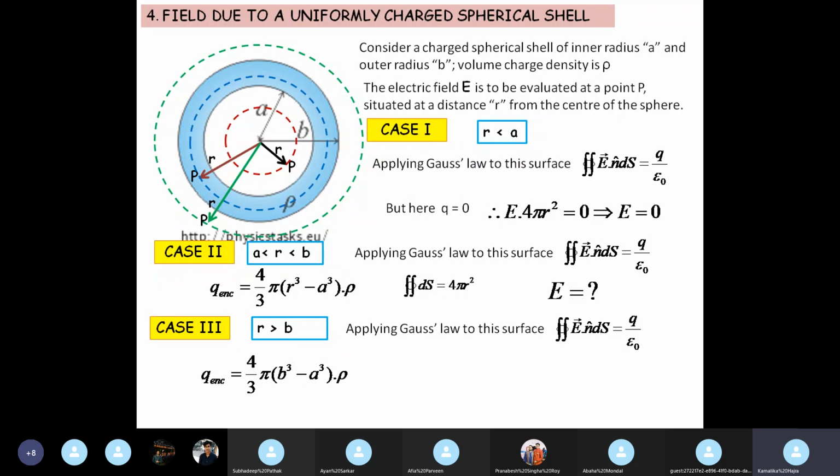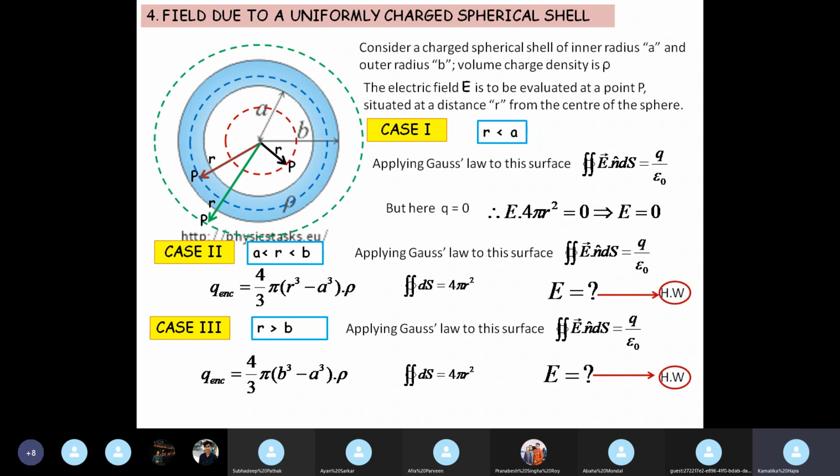So now q enclosed in case 3 is 4/3 pi (b cube minus a cube), that is the volume of this solid shell, multiplied by the volume charge density. Integral dS is again 4 pi r square. It is always the total surface area of the Gaussian surface.